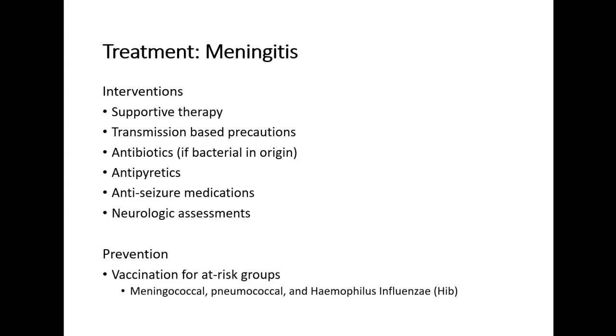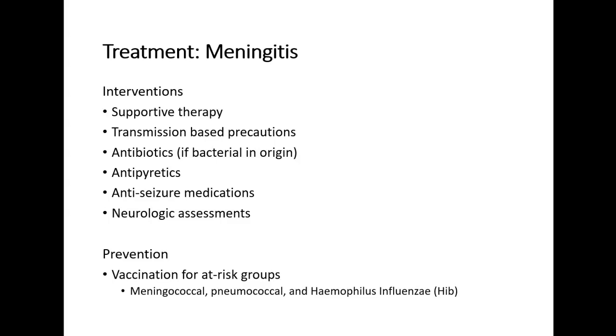And then prevention of meningitis is vaccination for at-risk groups. We've talked about this a lot. In fact, I think a fair number of people missed this on our last test. So again, meningococcal, pneumococcal, and Hib. Meningococcal should be given at age 12 as a booster or as a shot, and it should be given again right before you go to college.